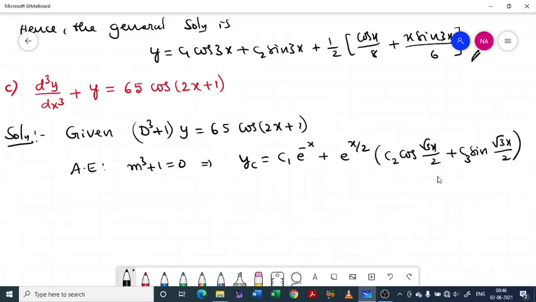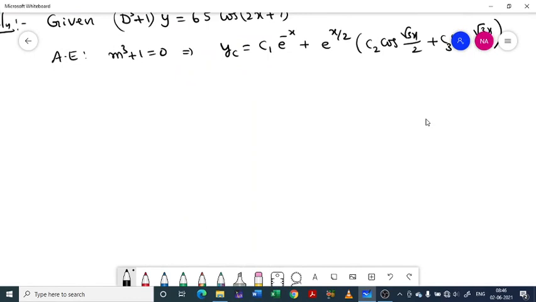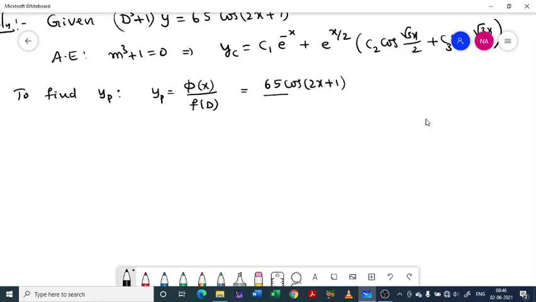Now we need to find yp. To find yp, yp equal to phi of x divided by f of d, right? So what is phi of x here? 65 cos of 2x plus 1 divided by f of d.